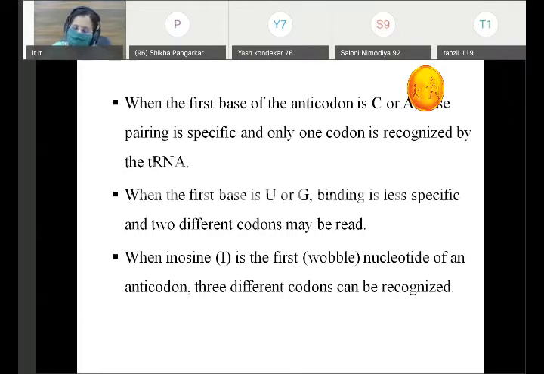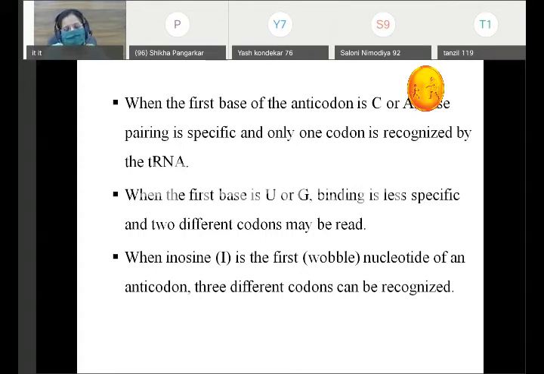If the first base on tRNA is either U or G, the binding is less specific and two different codons may be read. And inosine, it is one of the intermediates in the synthesis of purines. If inosine is the first nucleotide, called the Wobble nucleotide, on tRNA, three different codons can be recognized. So you need to remember this.